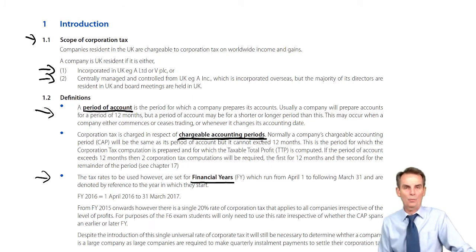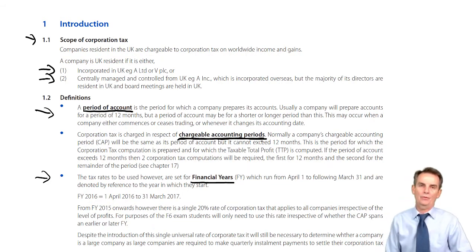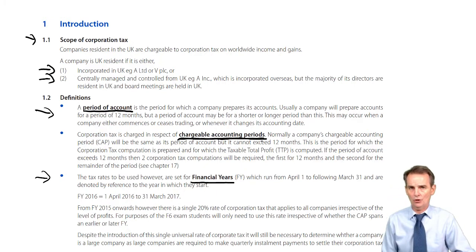That would be 1 corporate tax computation. We would then have a second corporate tax computation for the remaining 3 months to 31st of December 17. So from 1 period of account, 1 statement of profit or loss, we'd have to prepare 2 corporate tax computations.